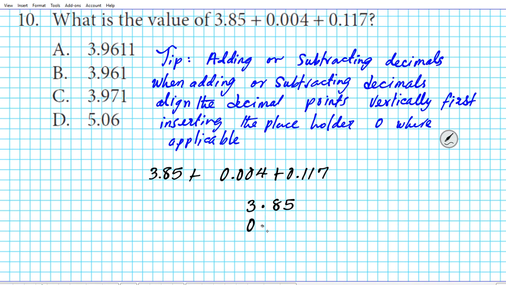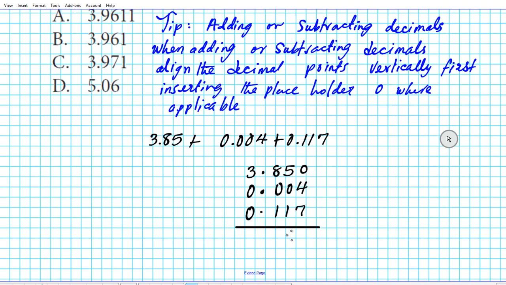So we have 0.004 and 0.117. We can put in a placeholder here so everything looks nice. We're now in a position to add. Okay, when you have your addends accurately configured, you can add with ease. Okay, so make sure you write properly and configure your digits nicely like this.